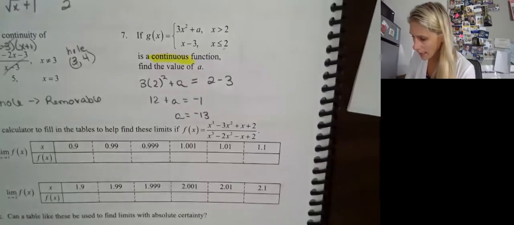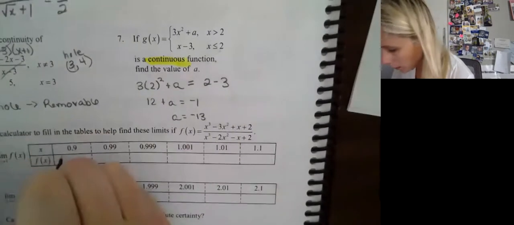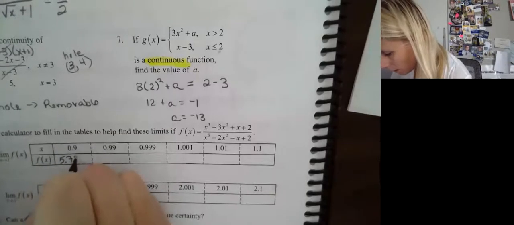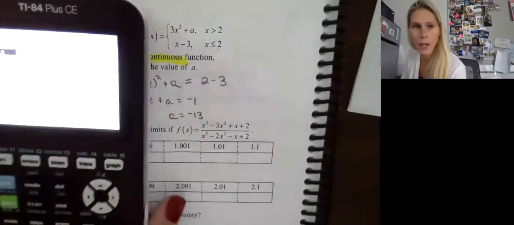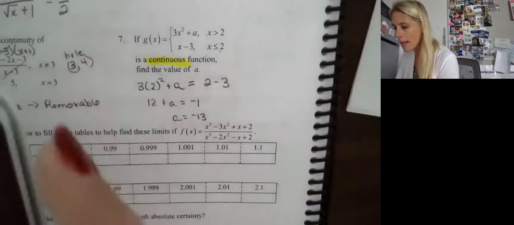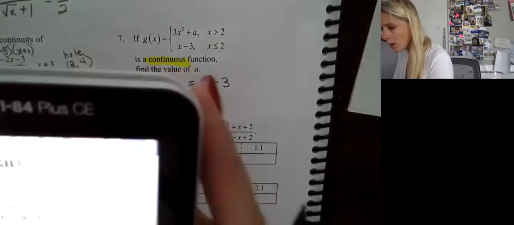And then table again. So at 0.9, if I look at my calculator, I am at 5.6 0.7368. The other thing you guys could do on your calculator, and I wish it would show up, is if you go to graph, okay, it doesn't matter if you see the graph or not, but what you can do is go second calc, go to value, and then plug in that.